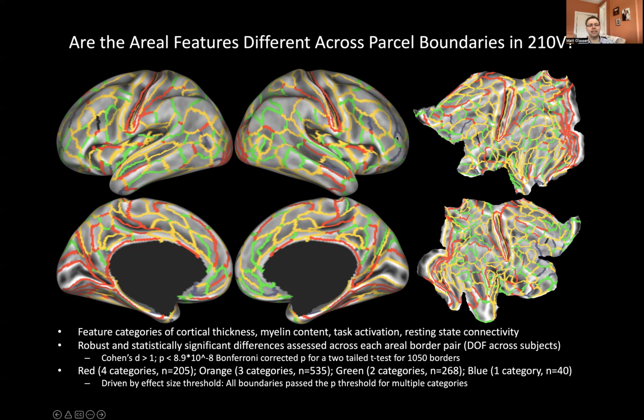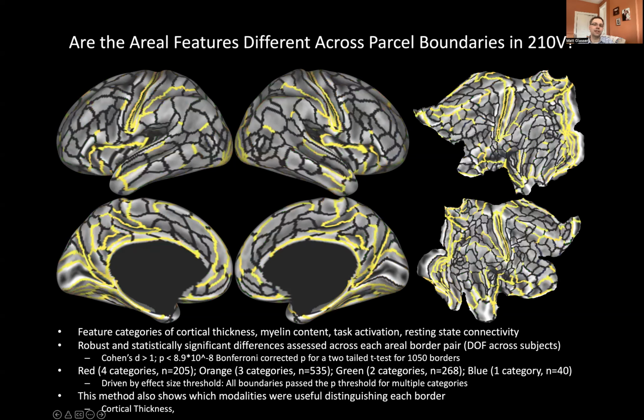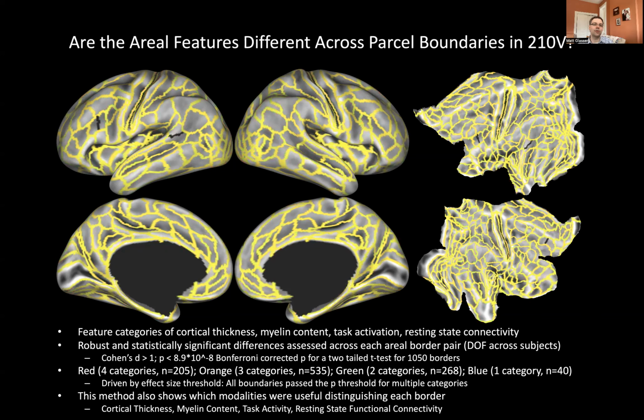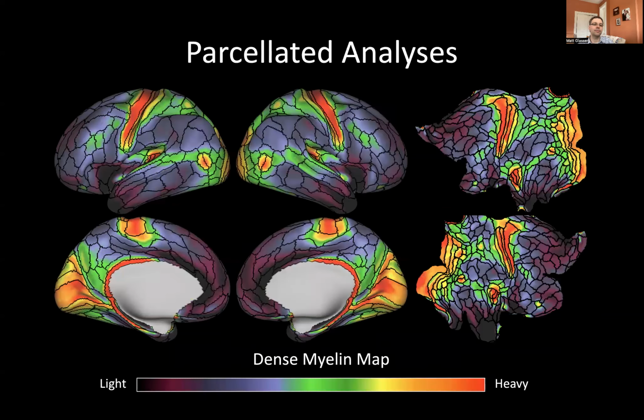And these effects were driven mainly by the Cohen's d threshold of 1, as all borders had at least 2 modalities that were significant to the Bonferroni corrected p-value. And so this method can also be used to show which modalities were useful for distinguishing each border. Cortical thickness showed some borders, myelin showed more, task showed even more, and resting state showed the most.